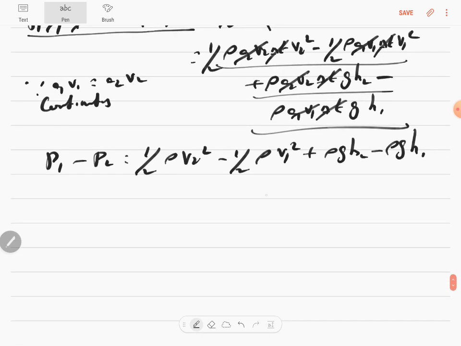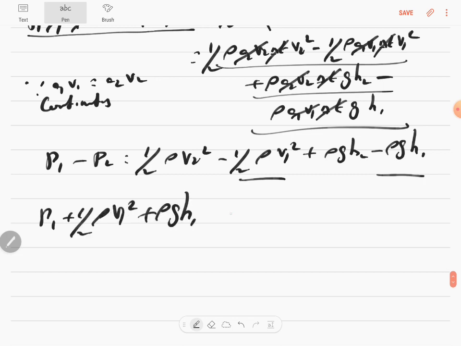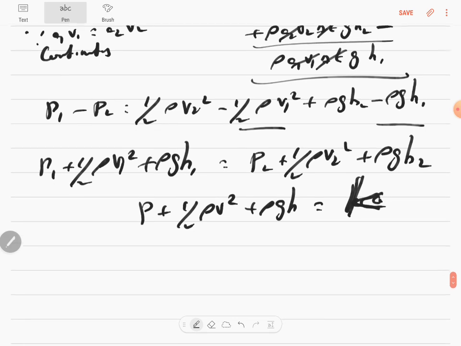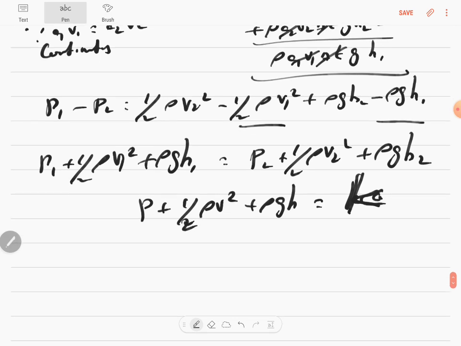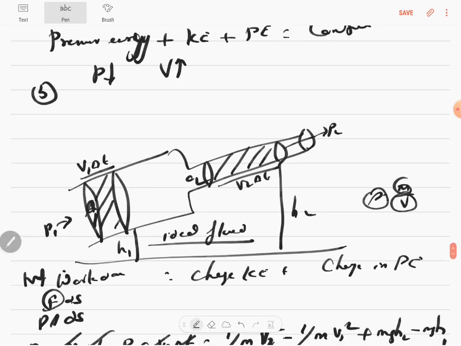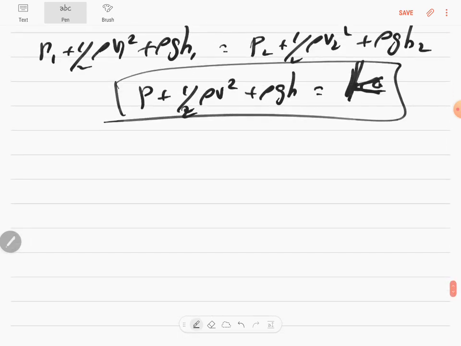Taking all the ones to the left hand side, P1 plus half rho V1 square plus rho g H1 equals P2 plus half rho V2 square plus rho g H2. Thus P plus half rho V square plus rho g h is always a constant. That is, the pressure energy plus kinetic energy plus potential energy per unit volume of an ideal fluid is always a constant. This is how you derive Bernoulli's equation with a suitable diagram.